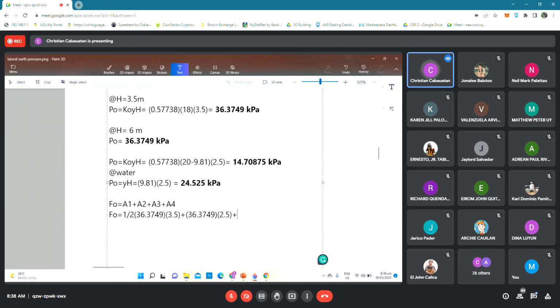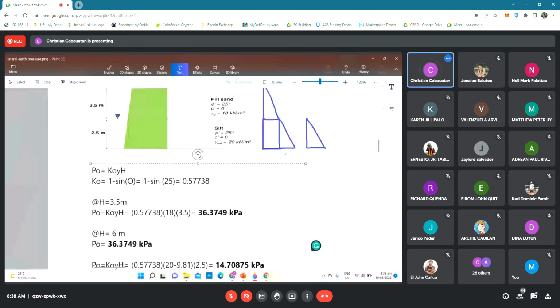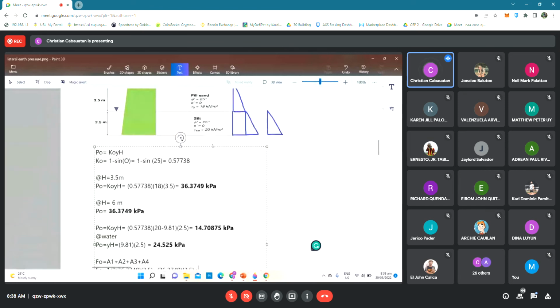And then at the third layer, same kanina, which is 1/2 base times height. Your base would be 14.70875 and your height would be 2.5. And the same later on sa water, wherein sa water, it is a 24.525 base and your height would be 2.5.